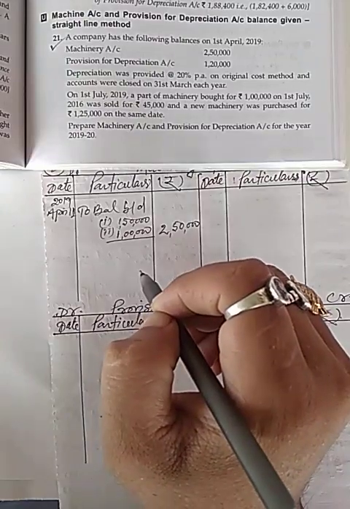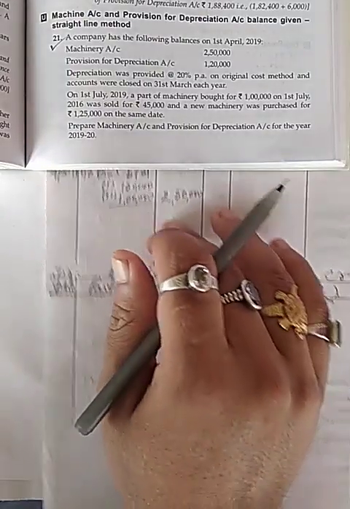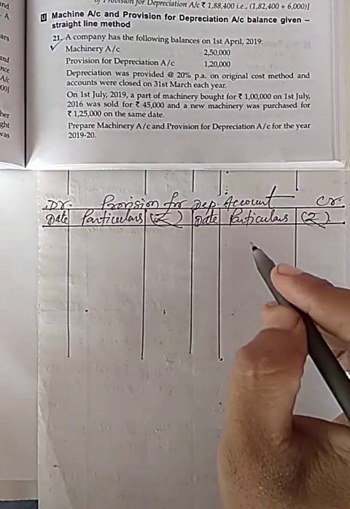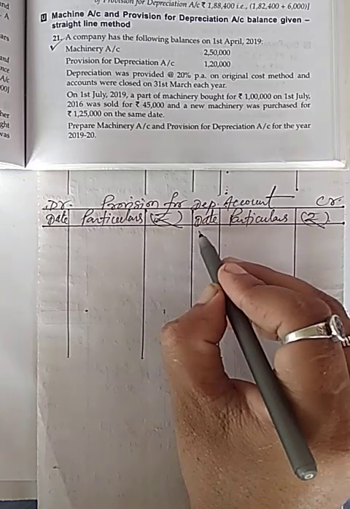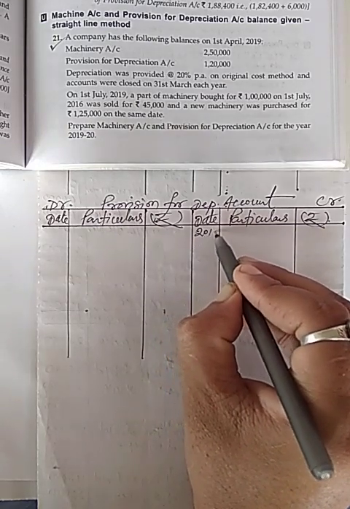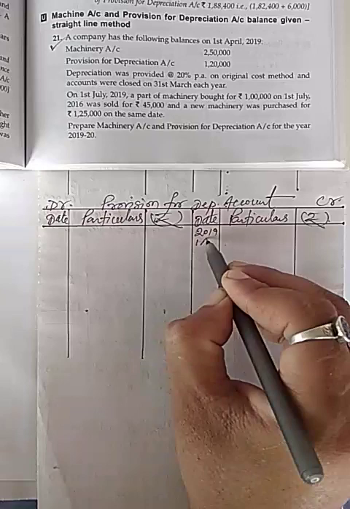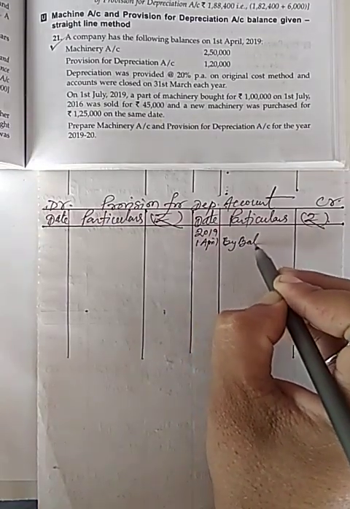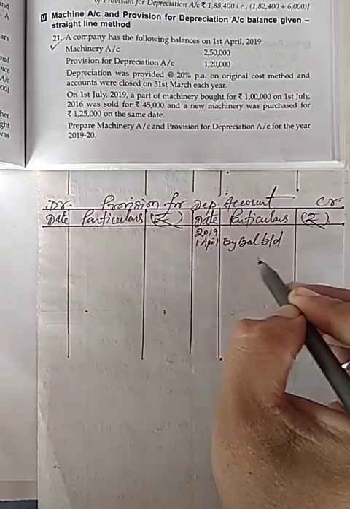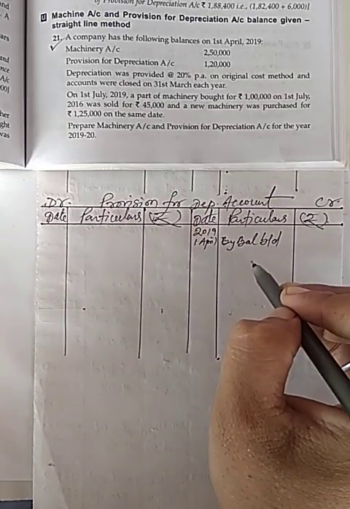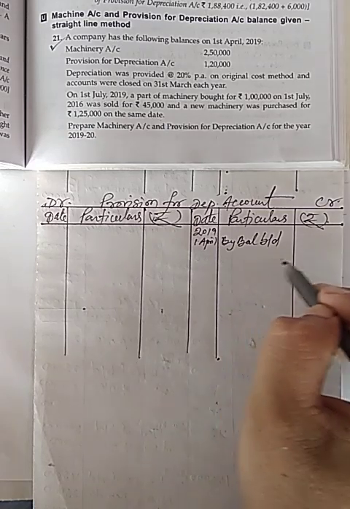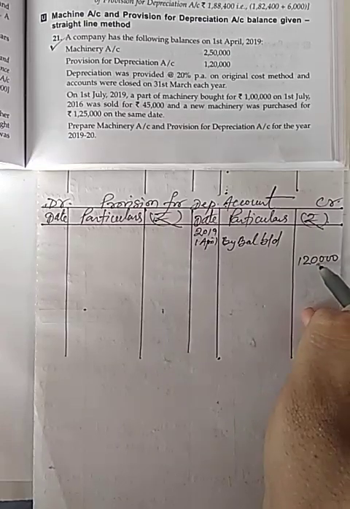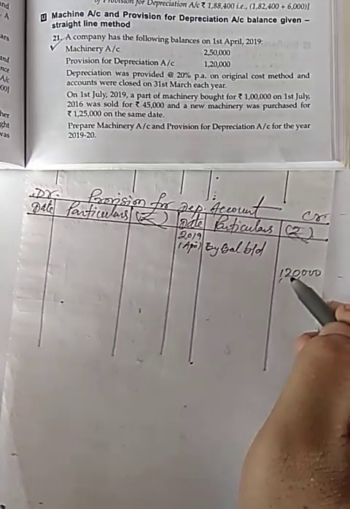And in provision for depreciation account also we will write, by, on 2019 1st April, by balance b/d, and it will also be in two parts, and the total provision for depreciation account is given as 1,20,000.